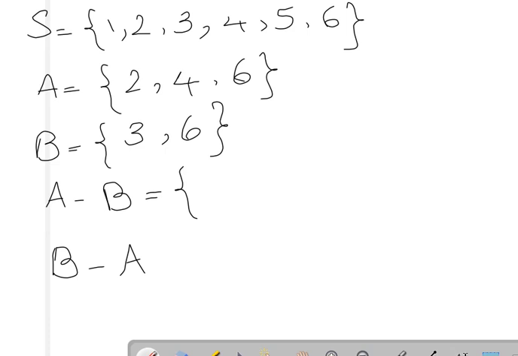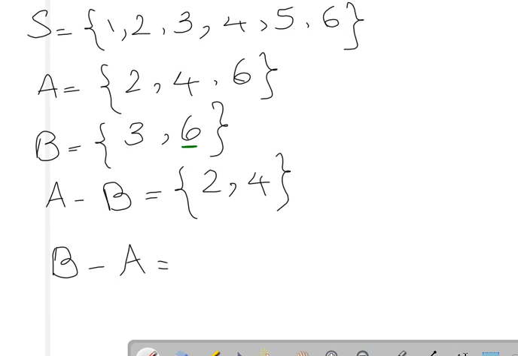A minus B is all the outcomes in A that are not in B. Okay, you can see 6 is in B, so all the outcomes in A that are not in B is 2 and 4.